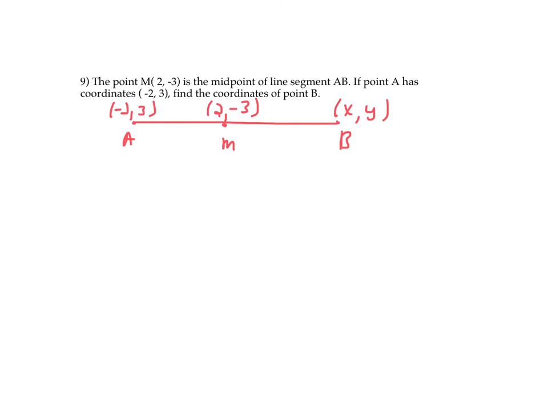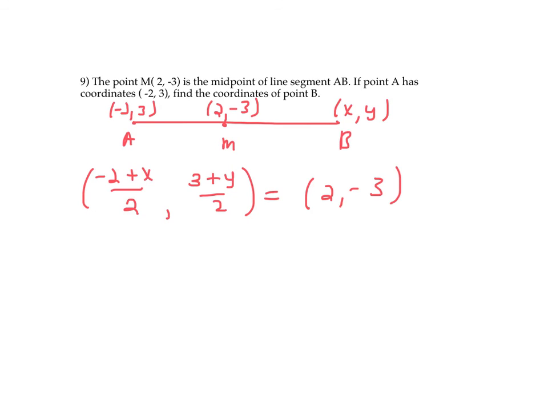Okay, remember, the midpoint formula says that you take the x-coordinates of your endpoints, so negative 2 plus x, and you divide it by 2. You do the same with the y's, 3 plus y divided by 2. And this will give you the coordinates of your midpoint, which in this case are 2, negative 3.